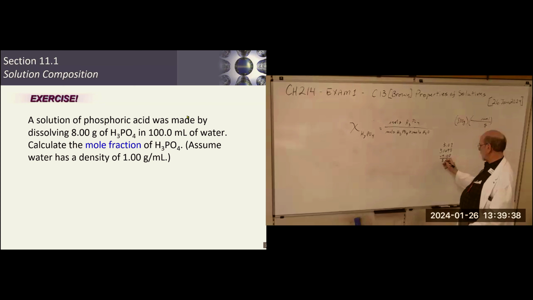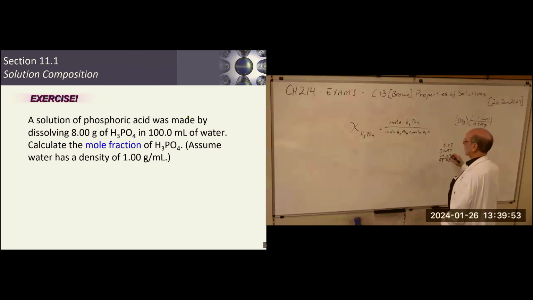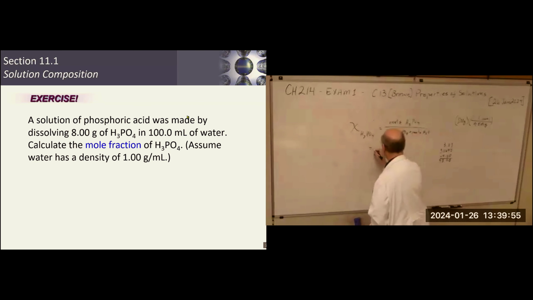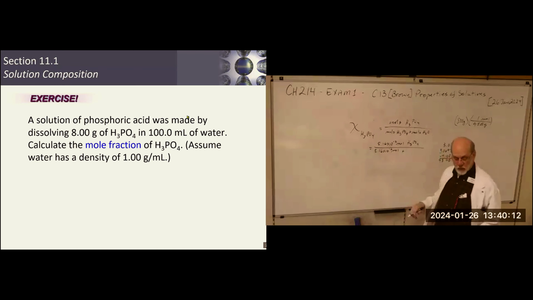Carry the 1, 8, 9, 98. Into 8. So that's 8.16 times 10 to the minus 2 mole of H3PO4. Let's put that in the denominator as well: 8.16 times 10 to the minus 2 mole plus moles of water.